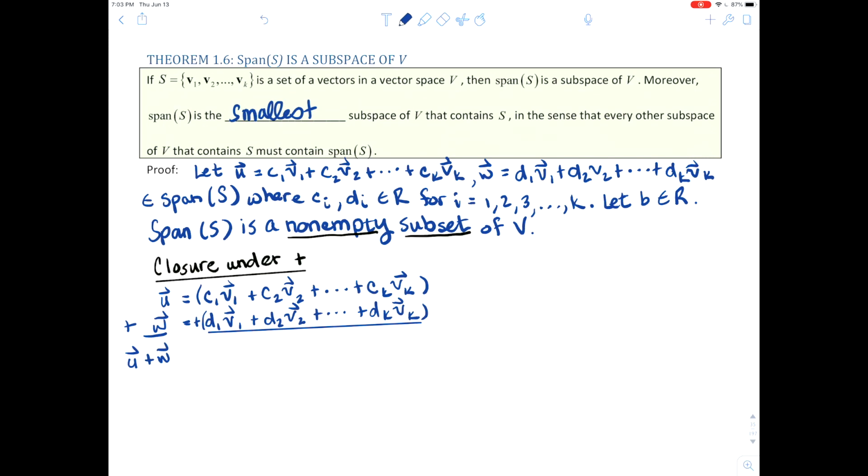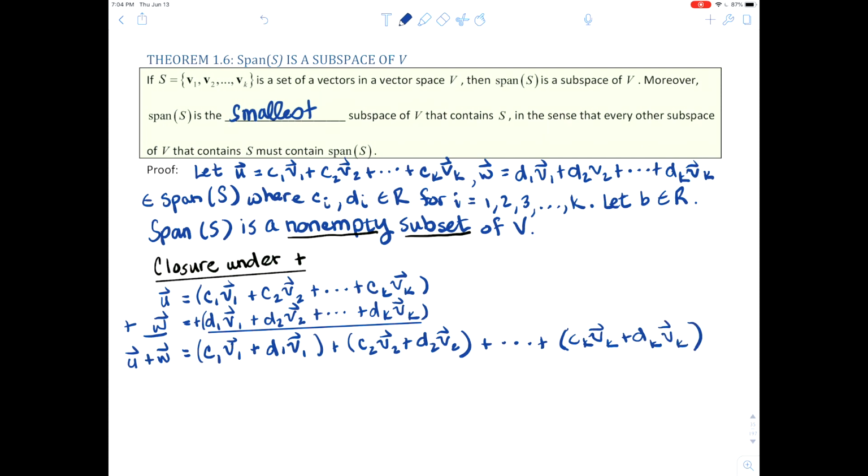On the right hand side, we'll have c1 v1 plus d1 v1 plus c2 v2 plus d2 v2 plus ... plus ck vk plus dk vk. Cool.